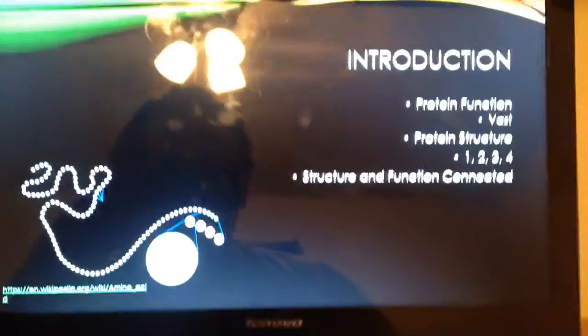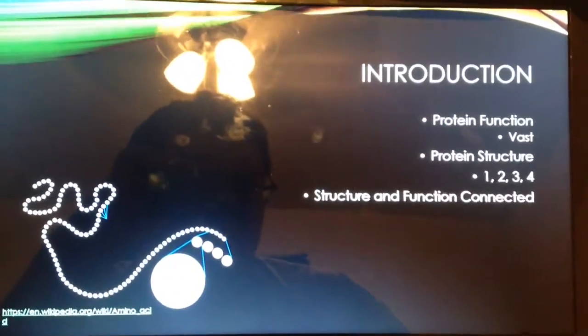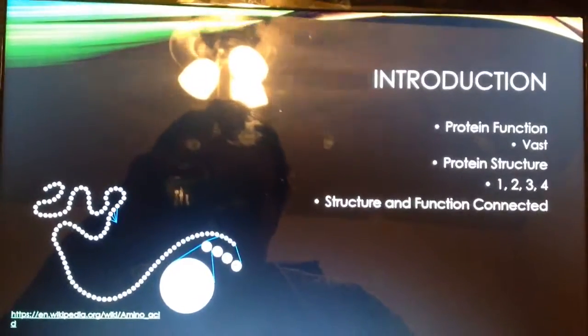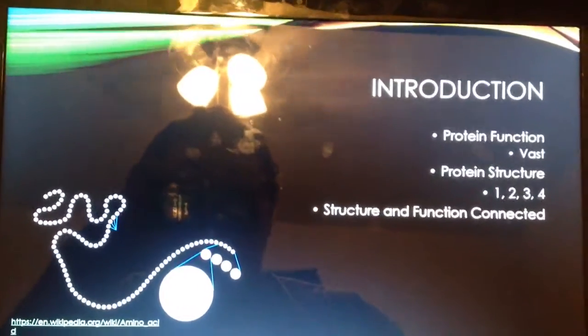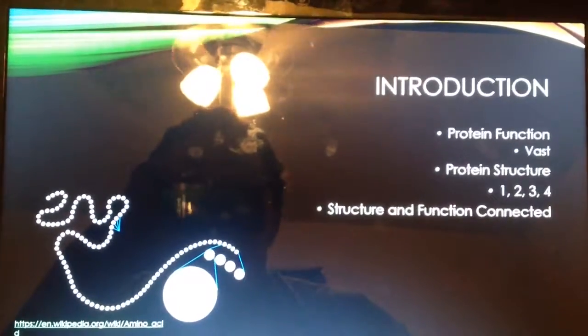And one thing to remember is that structure and function is connected. Without the correct structure, if there's any kind of mistake or weakness or broken chain, to name an analogy, then the whole protein could break down and its function would be incorrect.